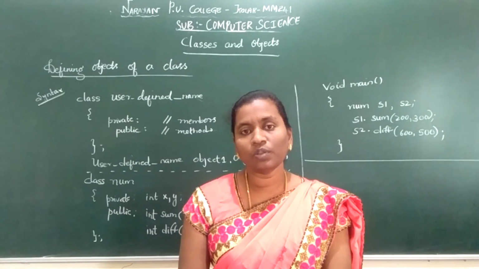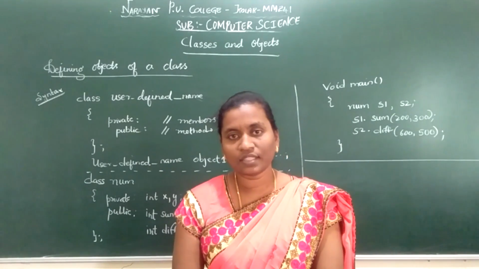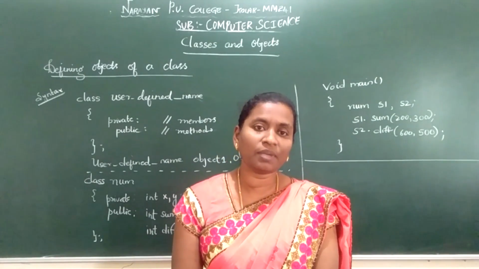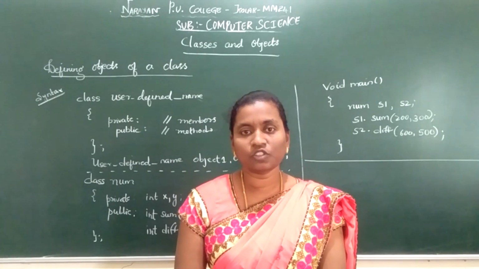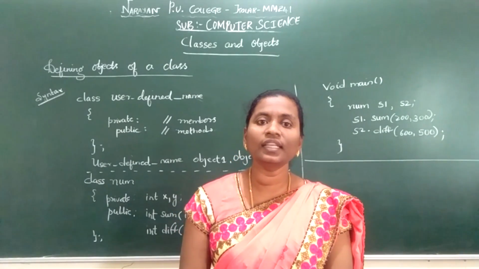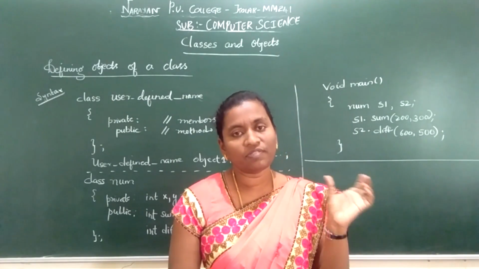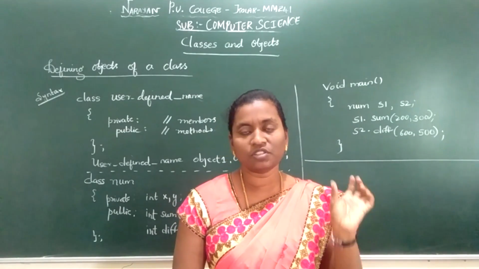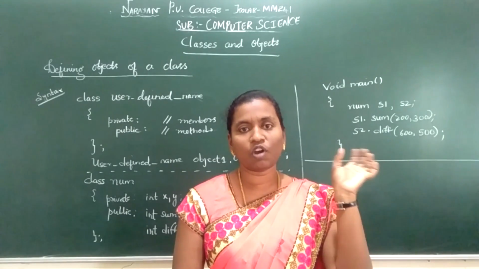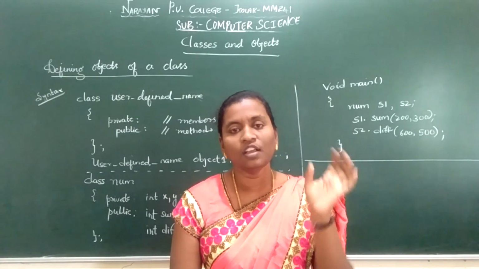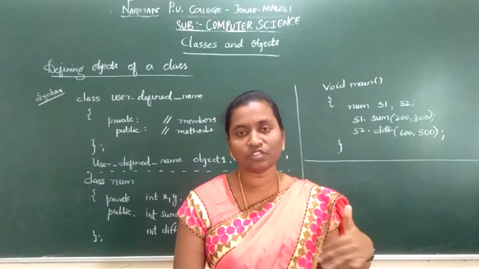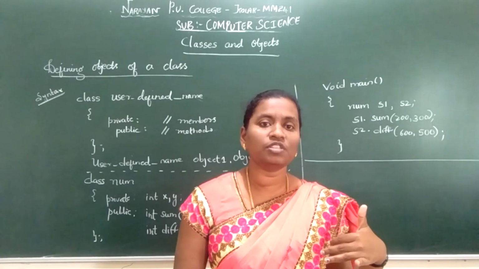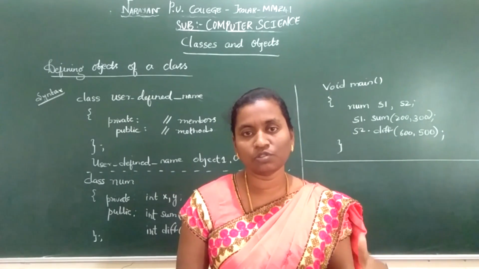Once the class ends, if we want to define the member function outside, under the public access specifier you mention only the member functions, like void getdata and void putdata with the return type. Then, to define the member function outside the class, you need to use a special operator called the scope resolution operator.